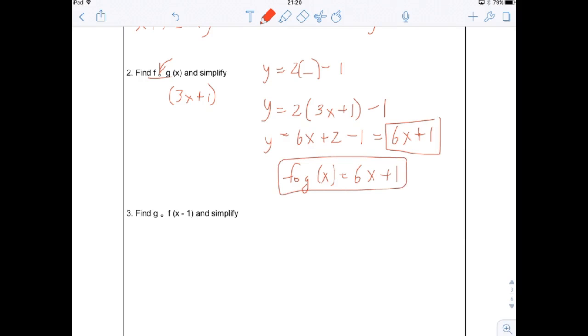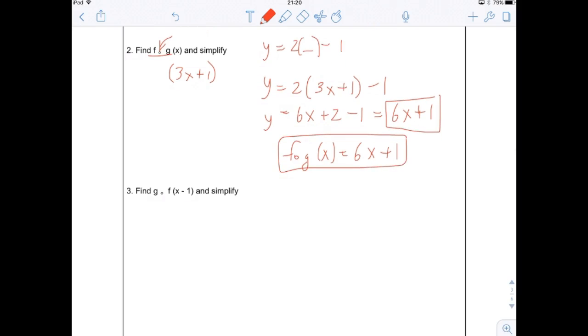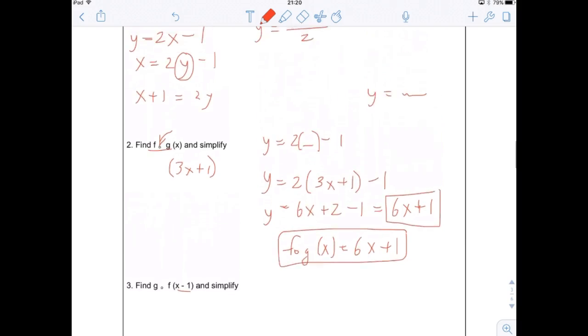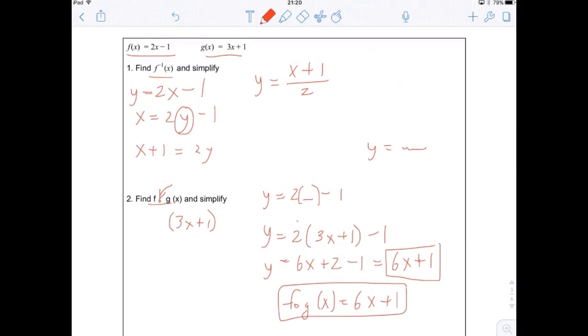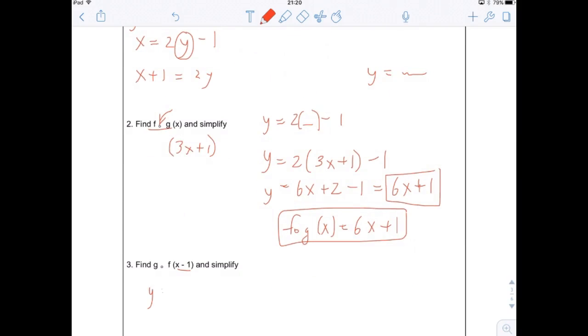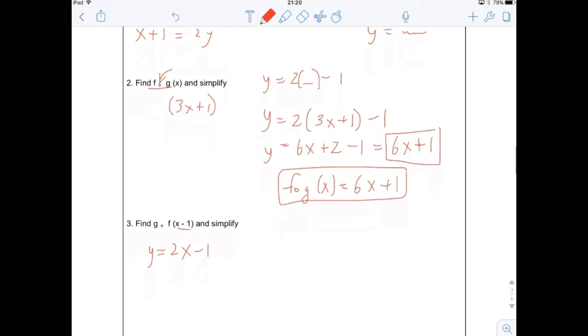Okay. Now we're going to find g follows f of x minus 1. Okay, so first of all, we're going to put x minus 1 inside the f function. Remember, the f function is y equals 2x minus 1. But instead of 2x minus 1, we're going to write 2 parentheses space minus 1. And what are we going to put in the parentheses space?